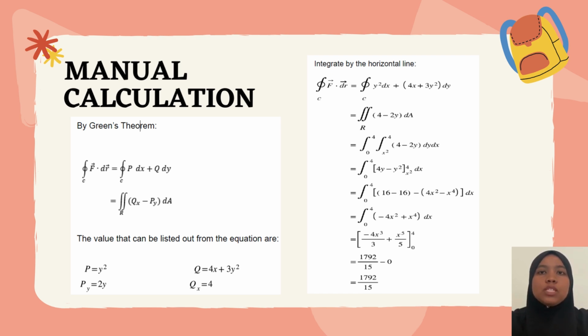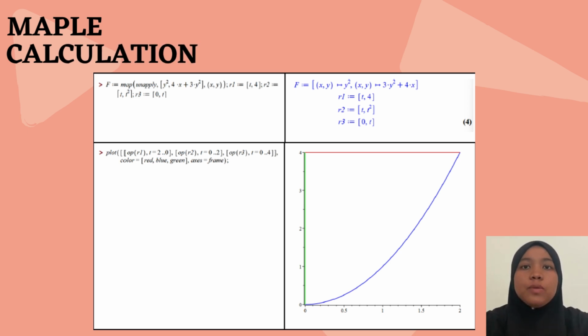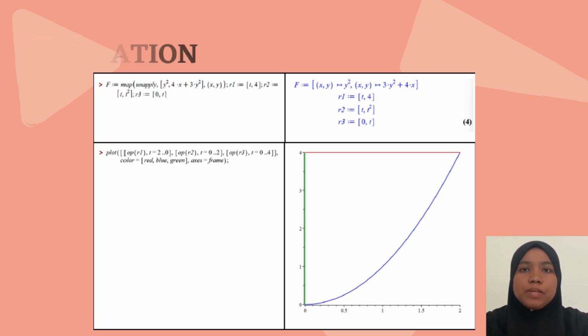We substitute the y limit, and we get negative 4x squared plus x to the power 4. Then we integrate in terms of dx, and we get negative 4x cubed over 3 plus x to the power 5 over 5. Then the last step is to substitute the x limit, and we get the answer 1792 over 15.